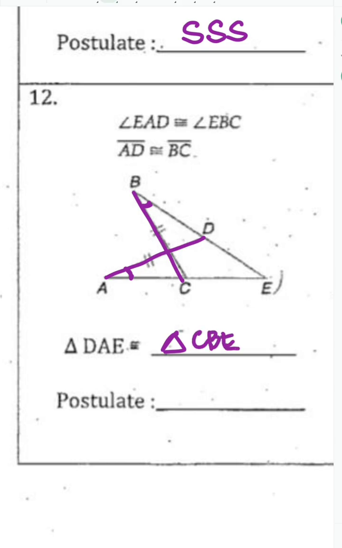Okay, so what will be the postulate here? So we have congruent angles, we have congruent sides, the two sides, and then this angle here, and they share a common angle here, right? So angle, angle, side.